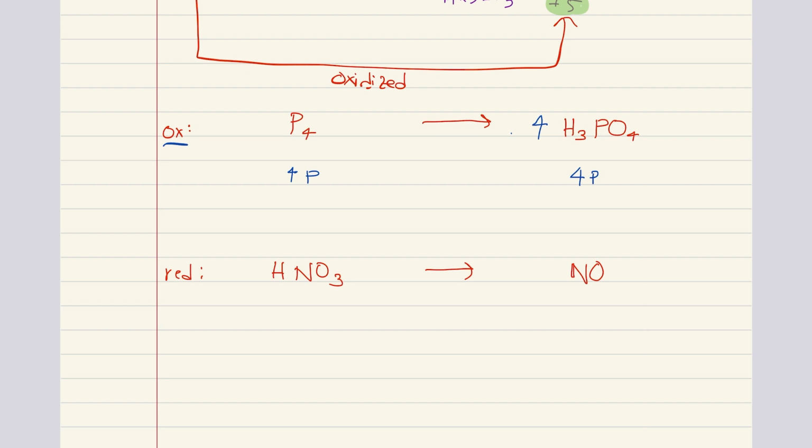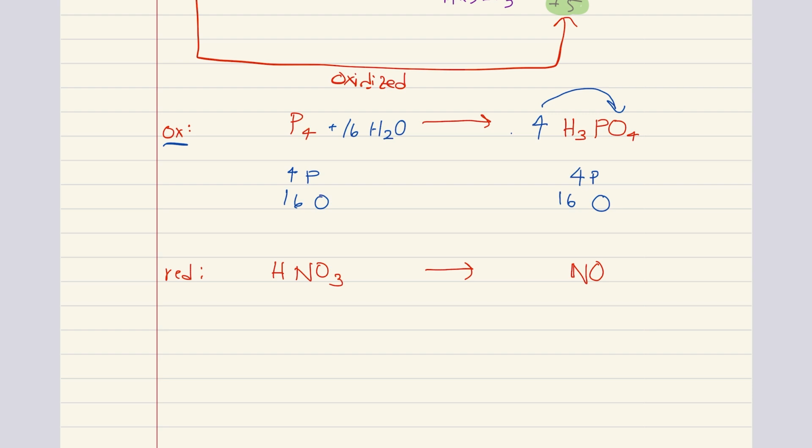We're going to balance oxygen by adding water as needed. Now on the product side, we actually have 16 oxygen atoms. To balance that, we're going to add 16 water molecules on the reactant side. Now both sides have 16 oxygens.